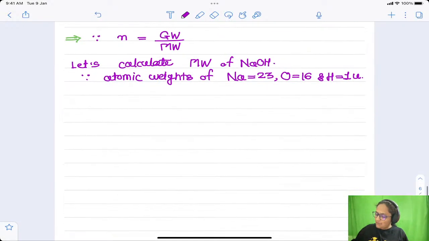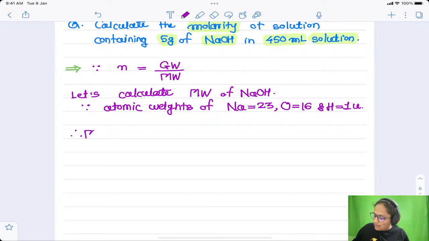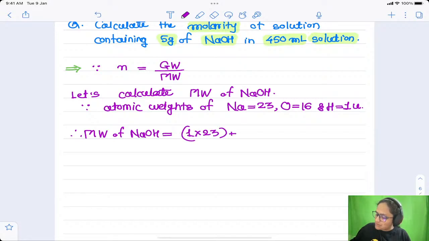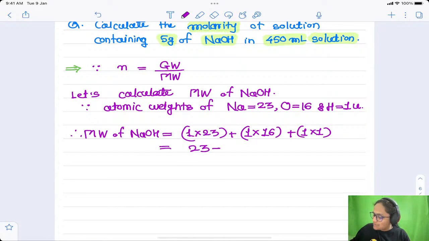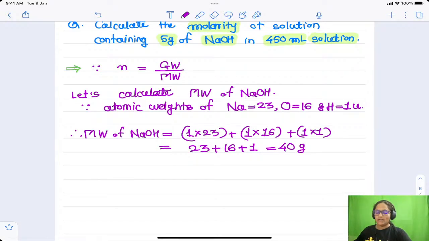Therefore molecular weight of NaOH will be equal to 1 sodium, so 1 into 23, 1 oxygen, so 1 into 16, 1 hydrogen, therefore 1 into 1. So it is equal to 23 plus 16 plus 1, which is nothing but 40. So the molecular weight of sodium hydroxide is equal to 40 gram.